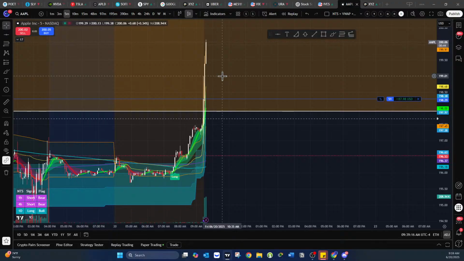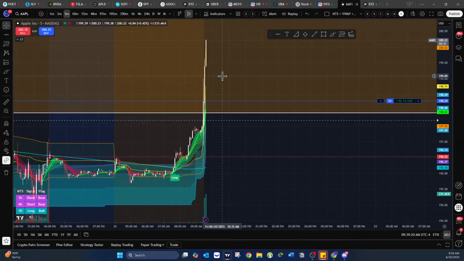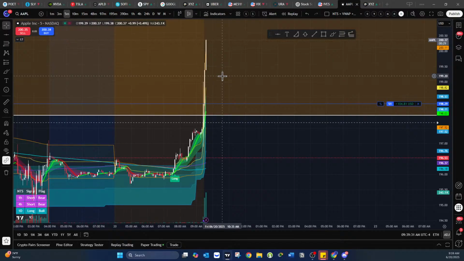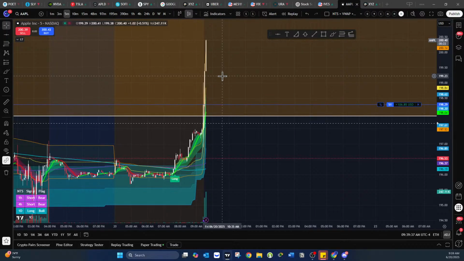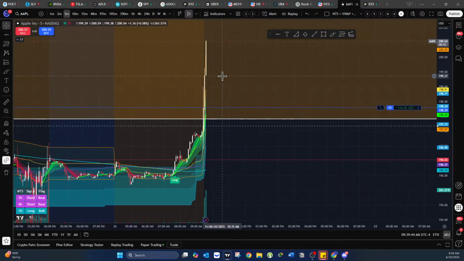Let me check my trades here. Bear with me, guys. Wow, I told myself I was going to stop out above 198, but I was not expecting 10 million volume at the open here.